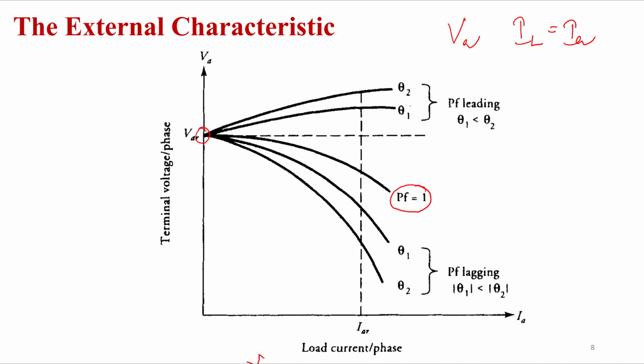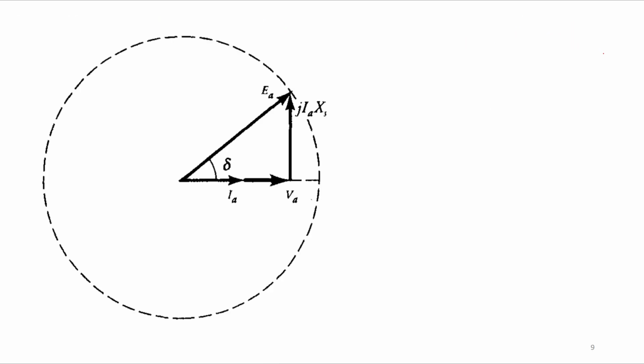Okay, so we'll see here how it actually happens. You can see this phasor diagram where we have assumed the field current is constant.